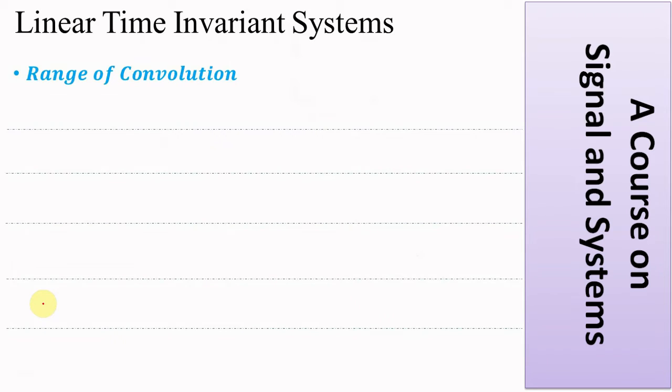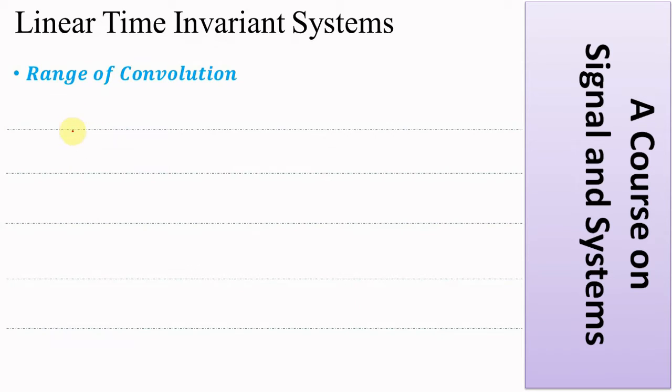The operation convolution is a linear operation, and it makes sense to develop the range of convolution, which is to say what are the values of time that we can expect when we convolve two signals.